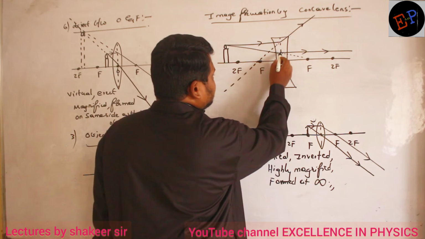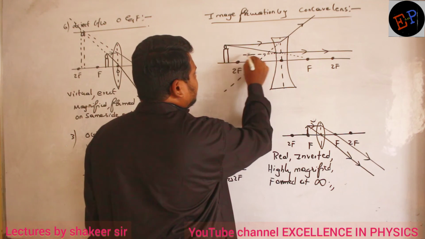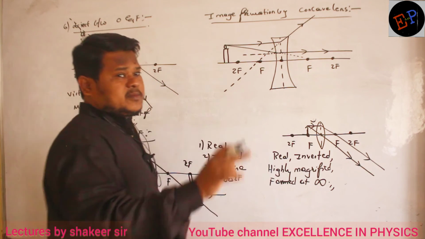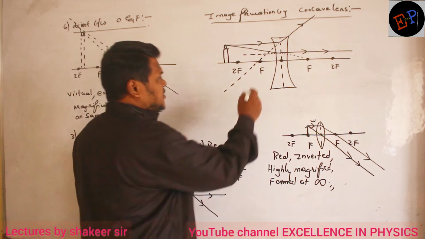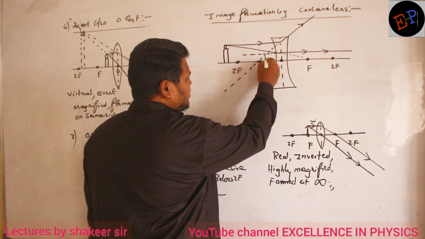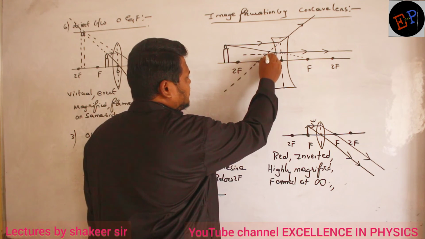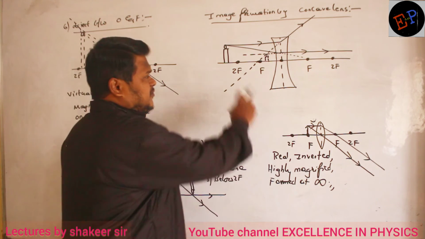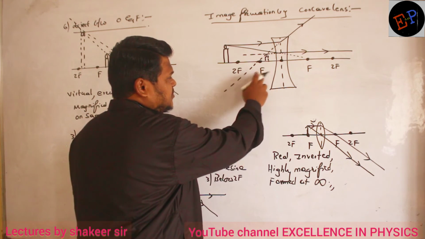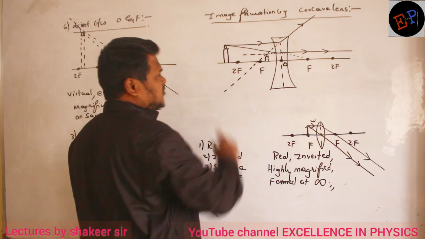But if you extend this one backwards, it will meet somewhere here and their image will be created. Are you able to understand? So here the image formation takes place. Clear now? So therefore where is the image created? My image is created in between the optical center and the focus.